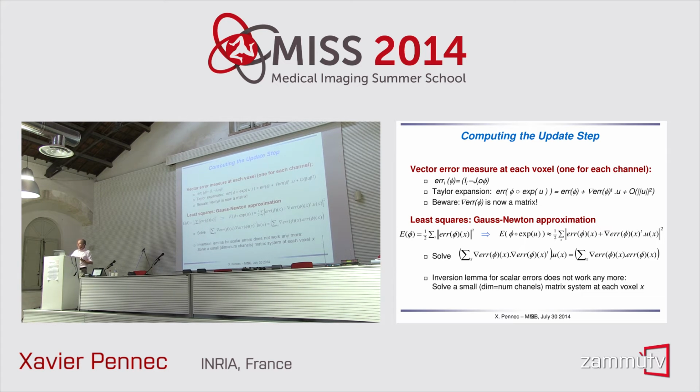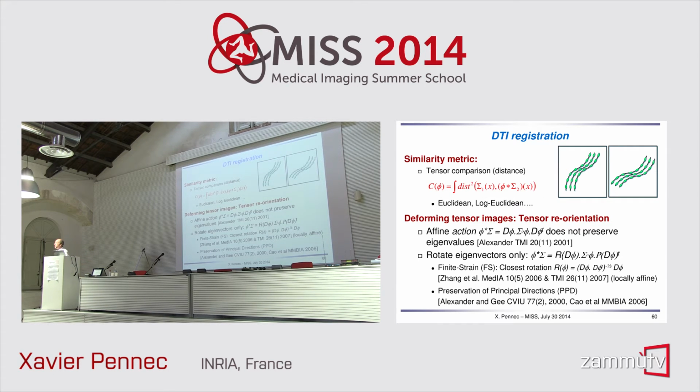And this is the same thing that is at work if we want to register DTI images. So you might know or not know that diffusion tensor imaging is actually an image where at each point you have an ellipsoid, which is representing the covariance matrix of the motion of the water, the Brownian motion.